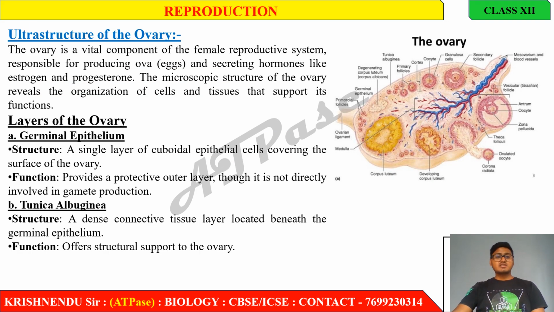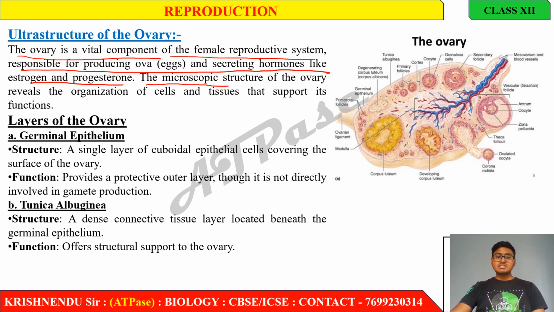Now, ultrastructure of the ovary. Just like we read the ultrastructure of the testis, we have to read the ultrastructure of the ovary. The ovary is a vital component of the female reproductive system. It is responsible for producing ova, that is eggs, and secreting hormones like estrogen and progesterone.